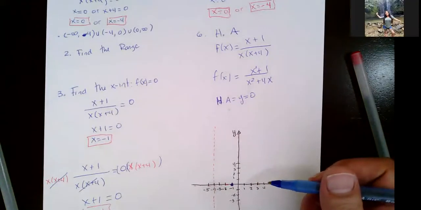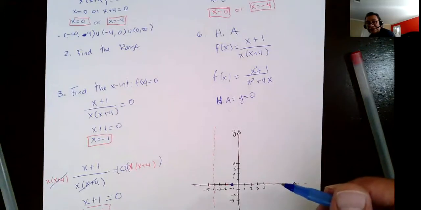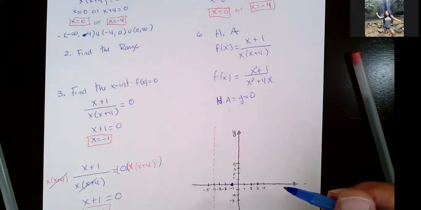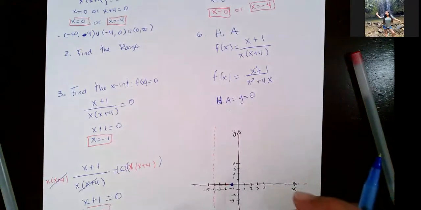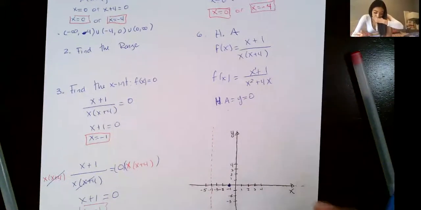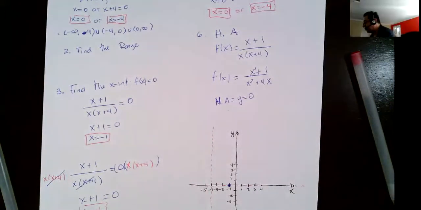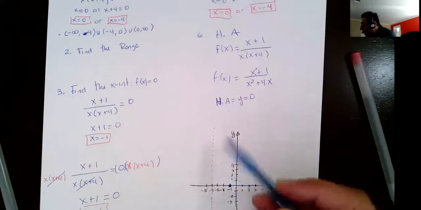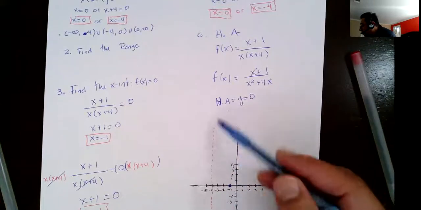You don't put a line, you plot a dot, just a dot right there at x equals -1. And do we have any y-intercepts? No. We said we don't have any, right?